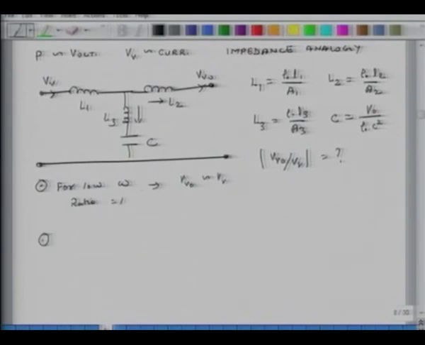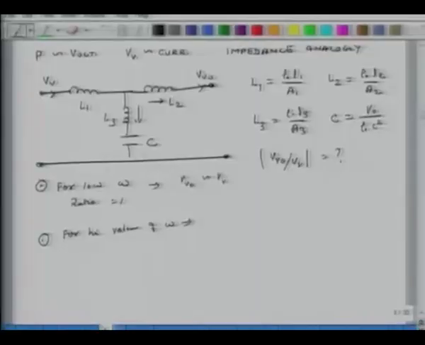For high values of omega, there will be virtually zero current, but what we are interested in is the ratio of Vvo over Vv. So whatever little current is going, how will it get split in the two directions?